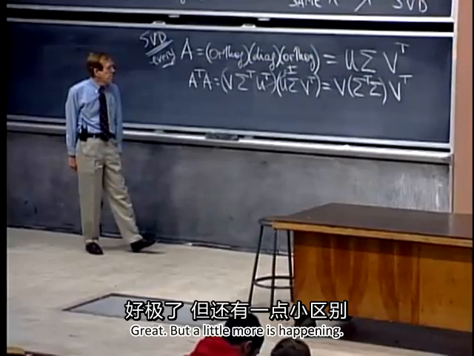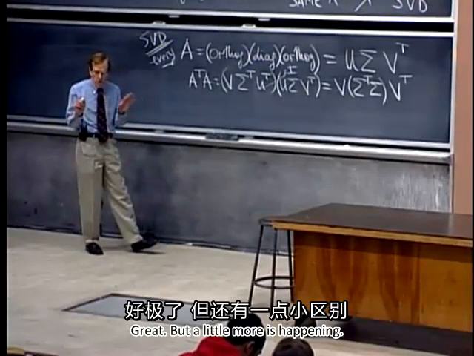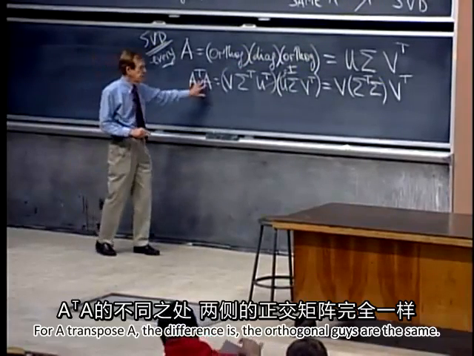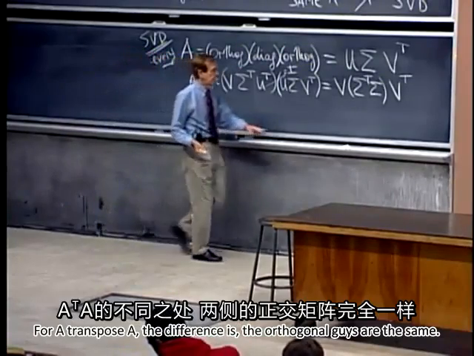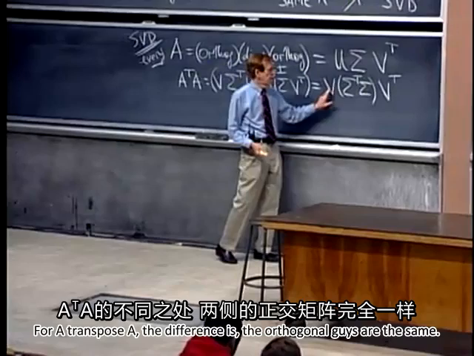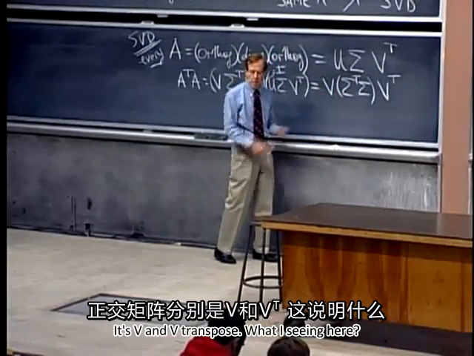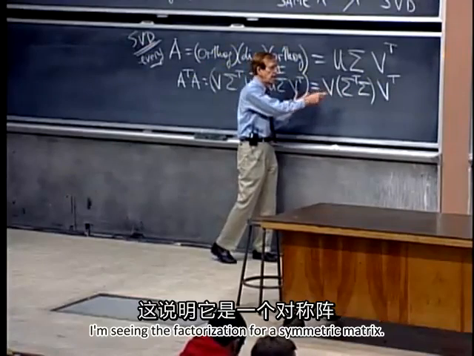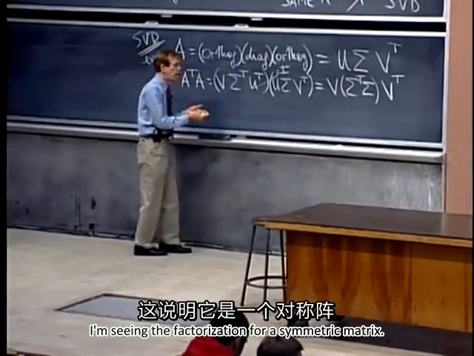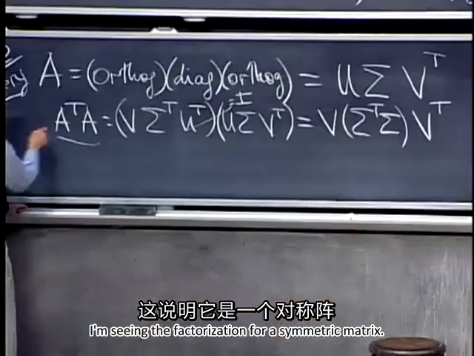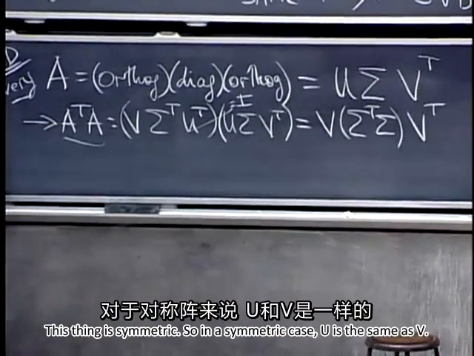But a little more is happening. For A transpose A, the difference is the orthogonal guys are the same. It's V and V transpose. What am I seeing here? I'm seeing the factorization for a symmetric matrix. This thing is symmetric.